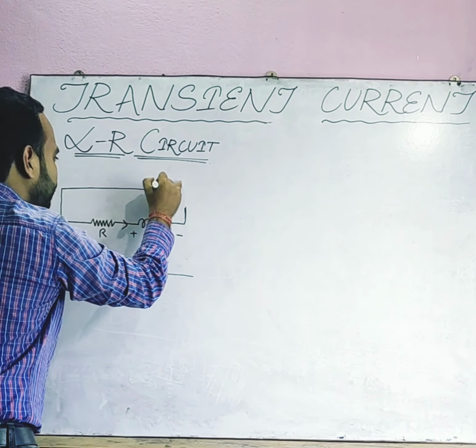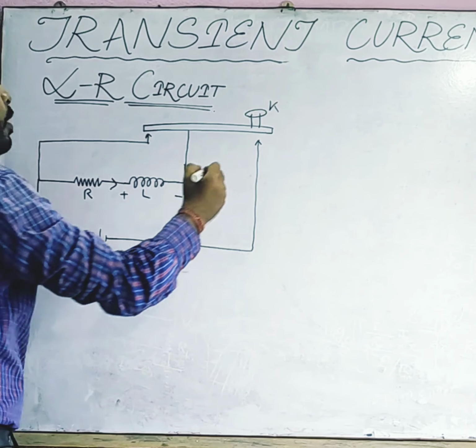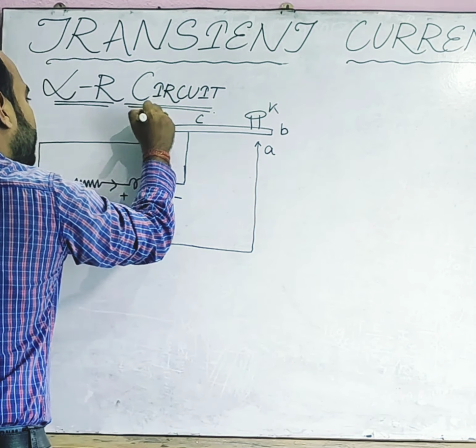Let me connect the switch. Let us name the positions of the switch. Here a knob K is present. The positions are A, B, C, D and E.